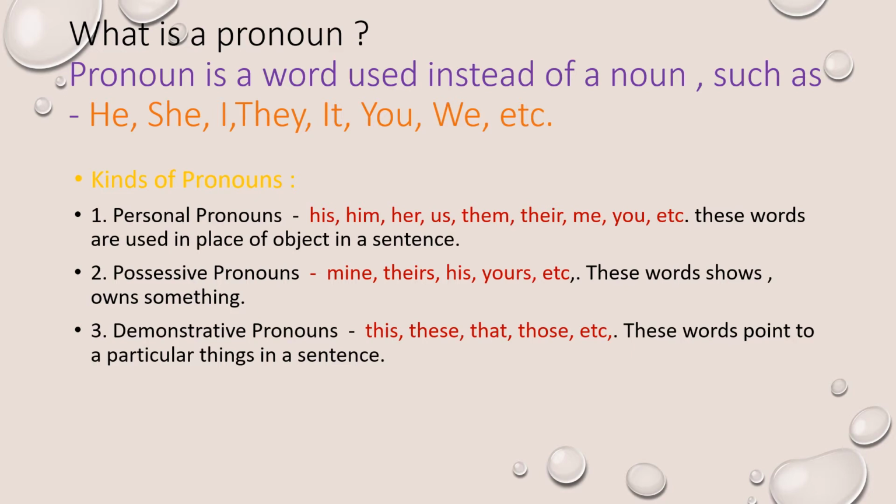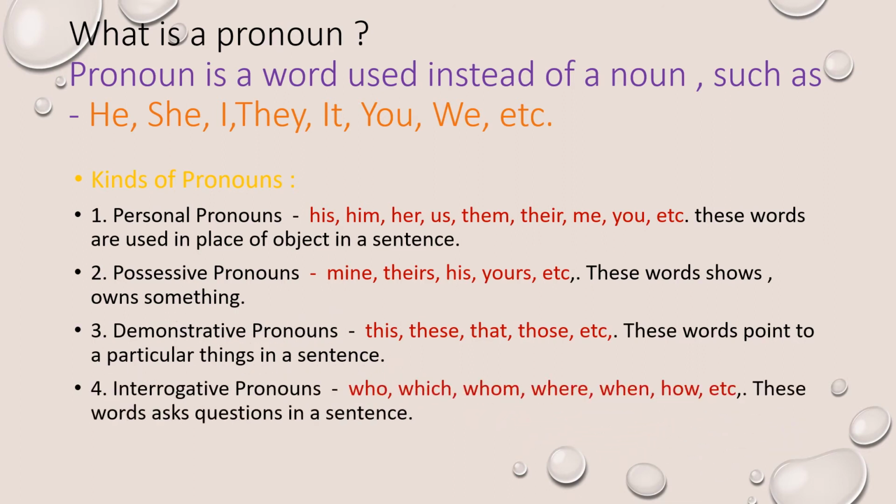It is called a demonstrative pronoun. For example, this is a bag. These are students in a class. That is a house. Like this sentences also begin, no? We can begin a sentence with demonstrative pronouns. So that is known as demonstrative pronouns.